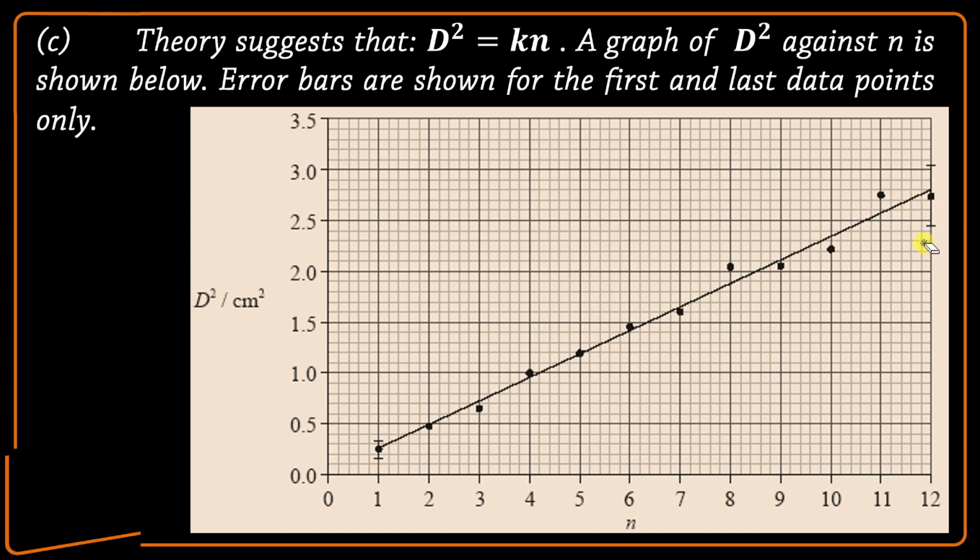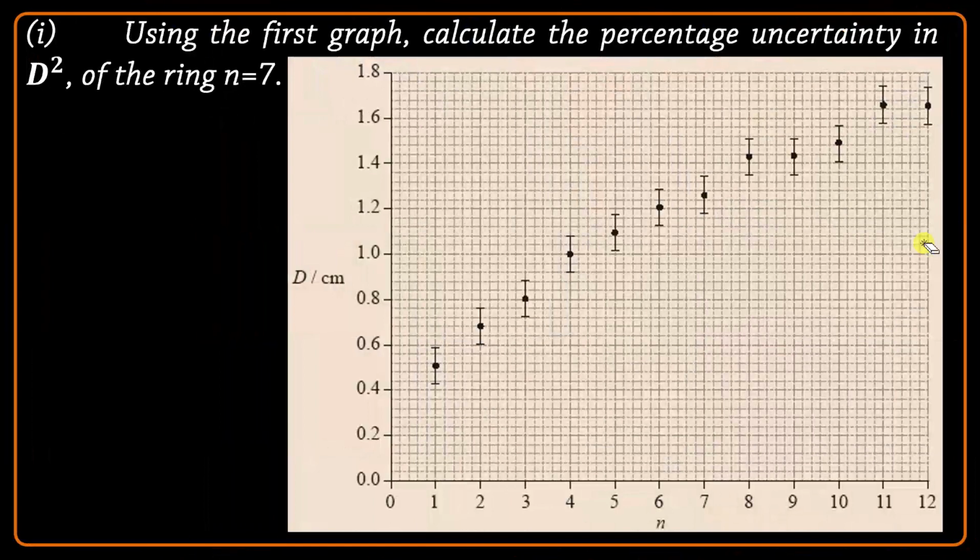Part I. Using the first graph, calculate the percentage uncertainty in d squared of the ring n equals 7. We are going to find the percentage uncertainty of d squared. Look at it, it's very important.